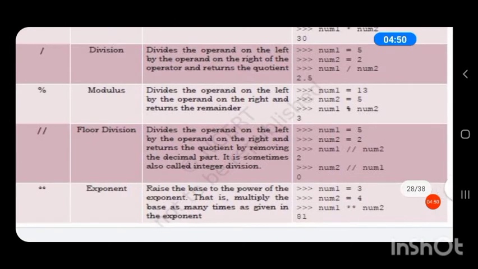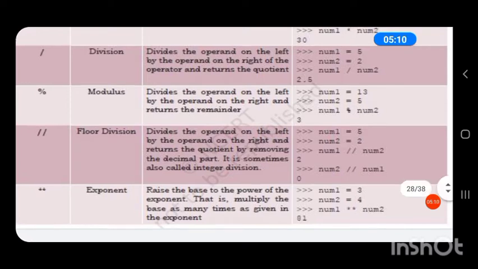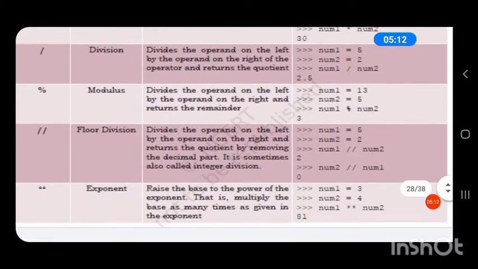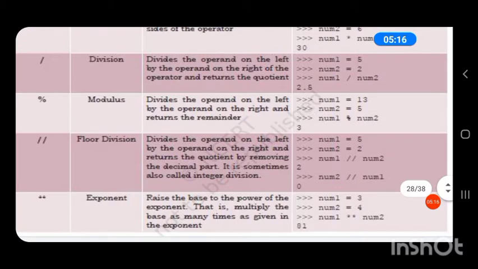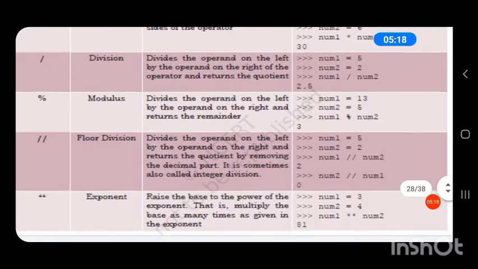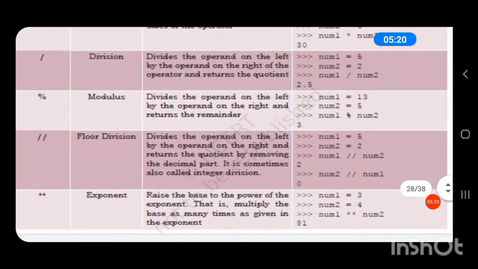Look at the example: num1 equal to 13, num2 equal to 5. This percentage is called mod. num1 mod num2 will return the remainder when num1 is divided by num2. First it divides num1 by num2 and takes the remainder as the output.